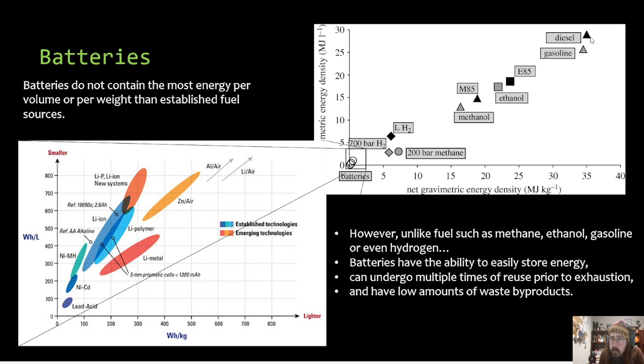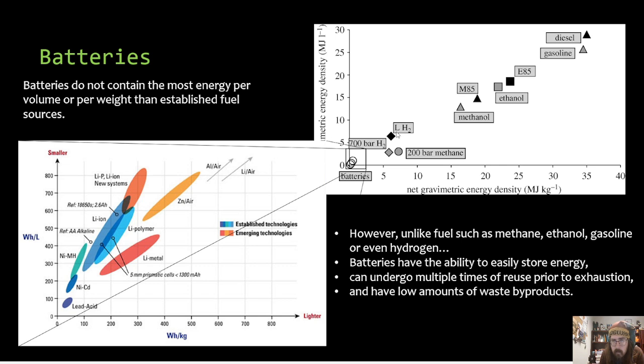And you can see diesel is by far the highest energy density of our fuels, followed closely by gasoline. Then moving downwards, we have E85, so it's mostly ethanol fuel, and then followed closely by pure ethanol. Then M85, which would be mostly methanol fuel, then methanol.